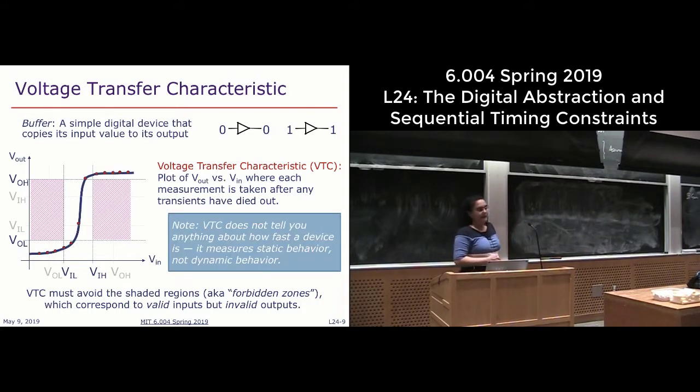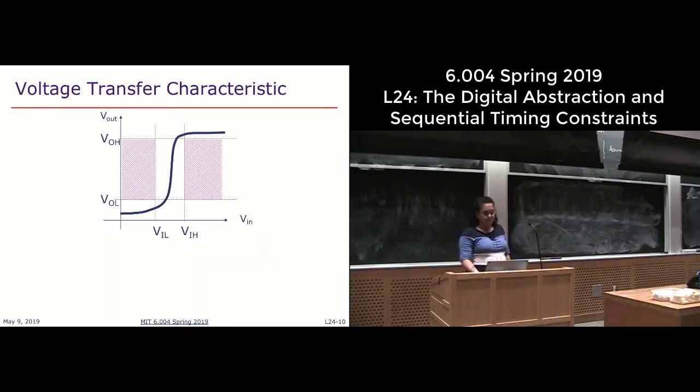And so what we expect is my VTC to look something like this. If we take a closer look at the center portion here, you'll notice that the height of this white square is always going to be higher than the width, because of the definition of what VOH and VIH and all of these are.